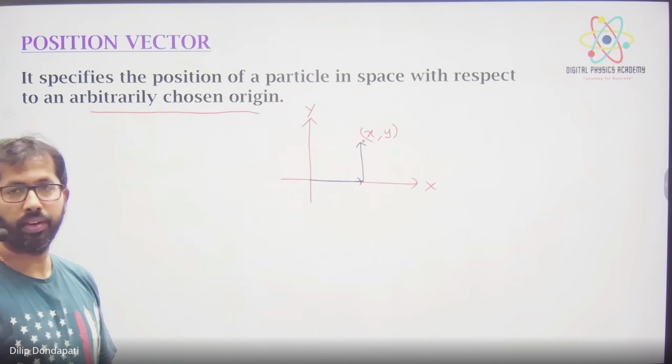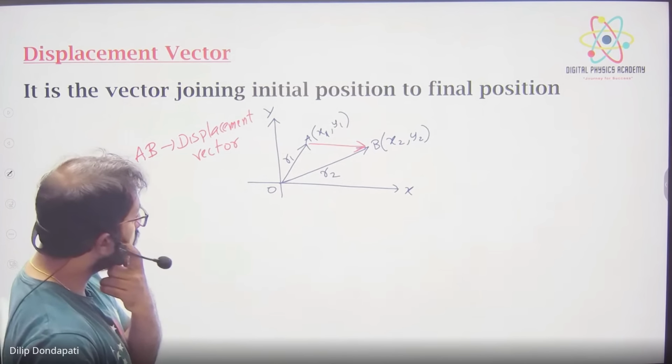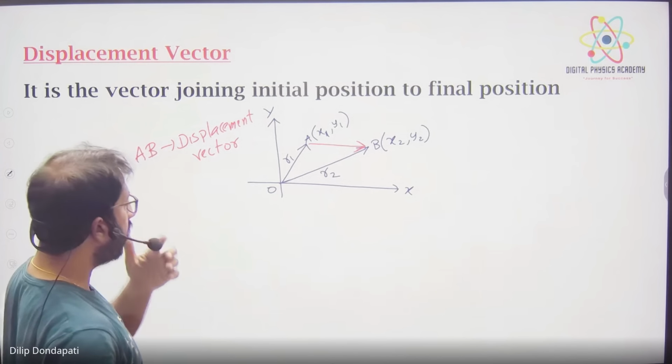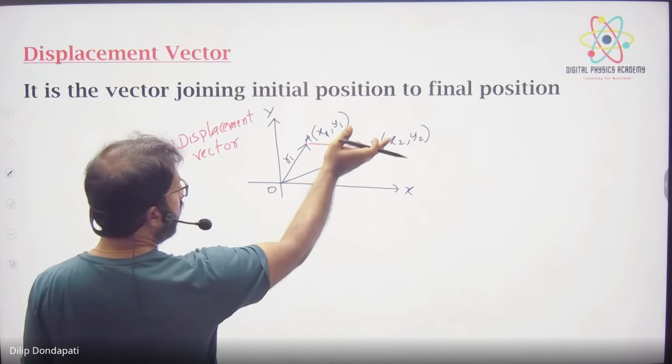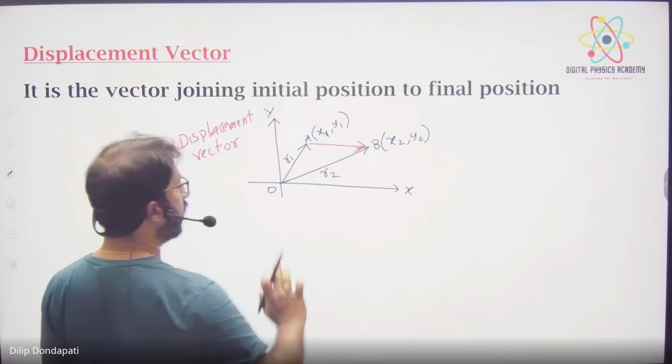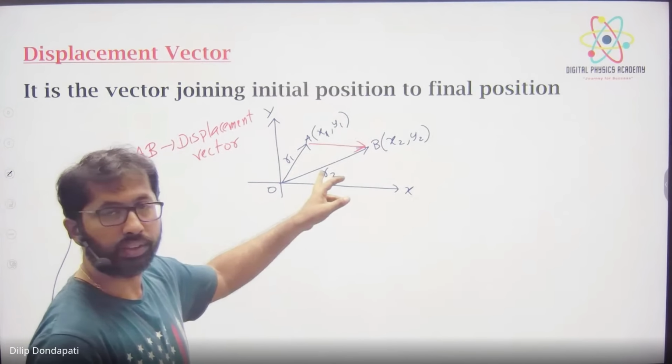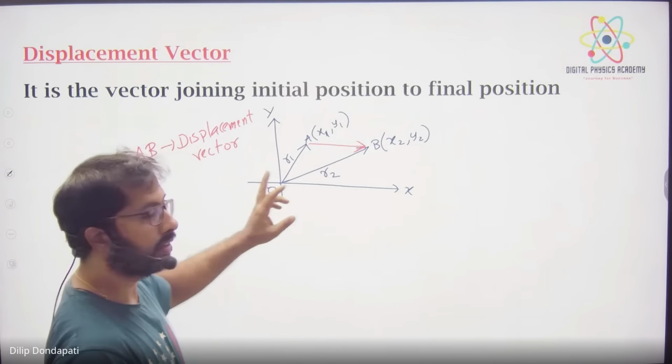Now here AB is the displacement vector. How to find it? Use the triangle law. What does the triangle law say? That if there are two vectors in the same direction, the resultant vector is in the opposite direction. So which is the resultant vector here? r2.